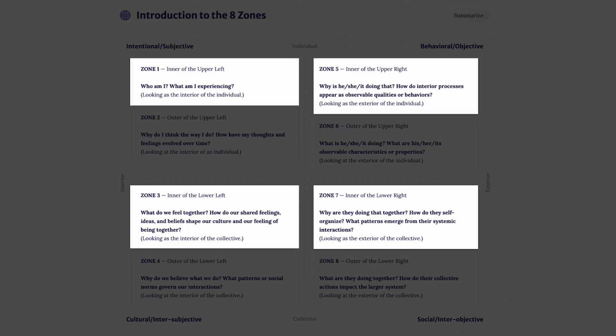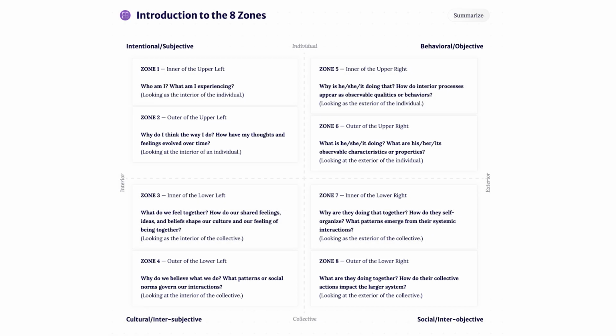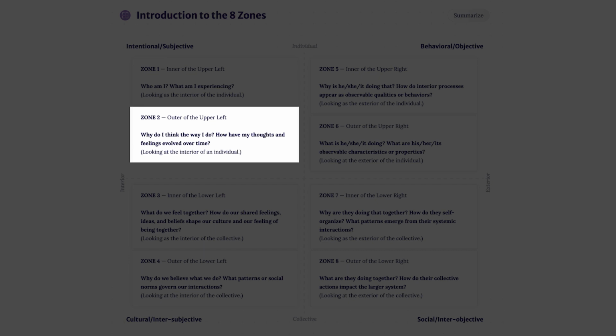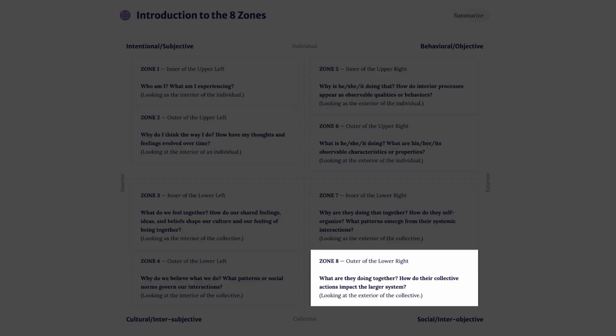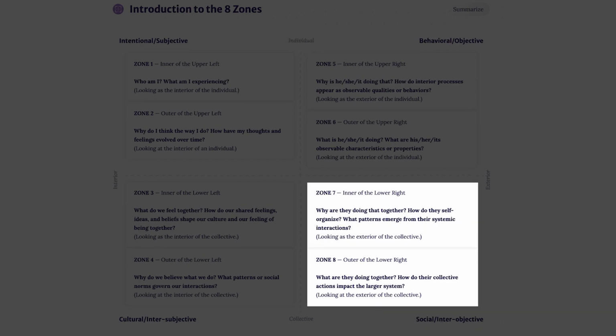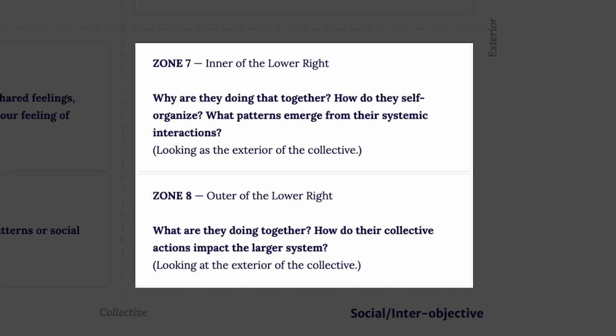And if you look at them from an outside exterior viewpoint, you'll get another type of perspective. What this looks at is zone 7, which is first, second, third, fourth, fifth, sixth, seventh, eighth. So it's the seventh and eighth, the inside and the outside view from the lower right quadrant.